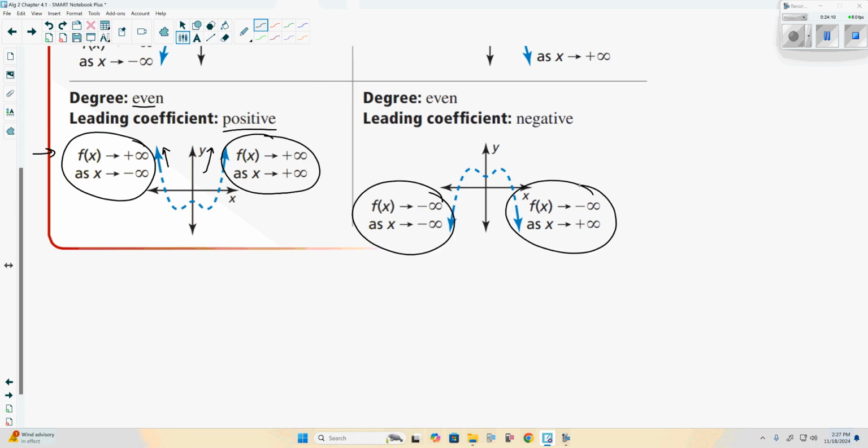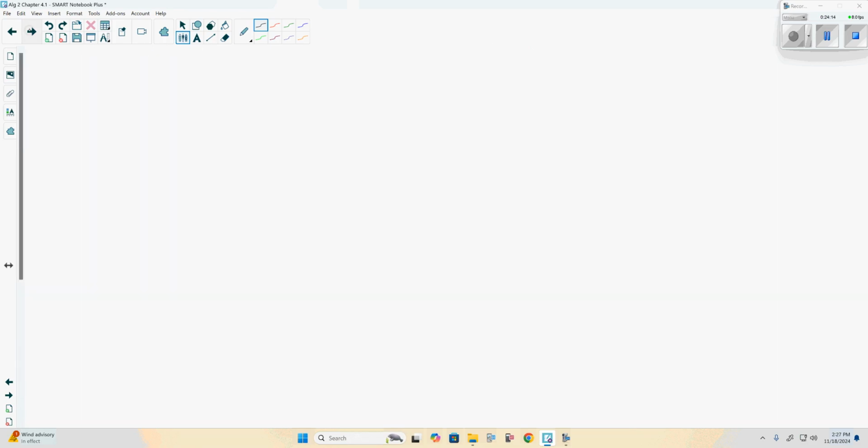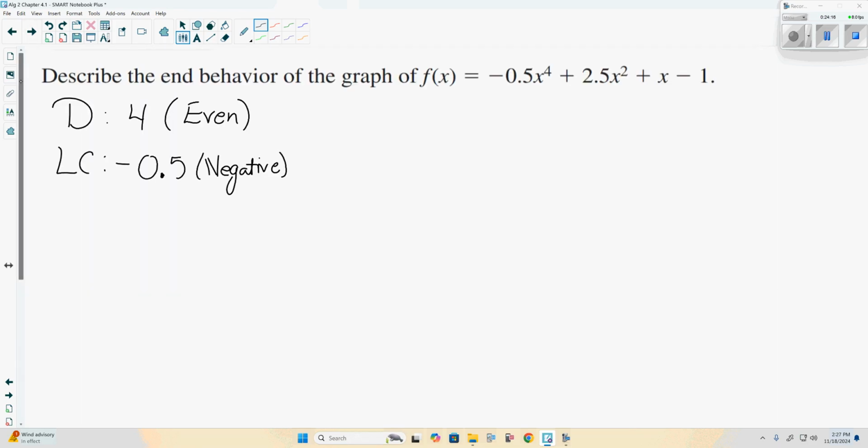These two pieces of information are our answers. So we'd say exactly our end behavior: f of x approaches negative infinity as x approaches negative infinity, and f of x approaches negative infinity as x approaches positive infinity.